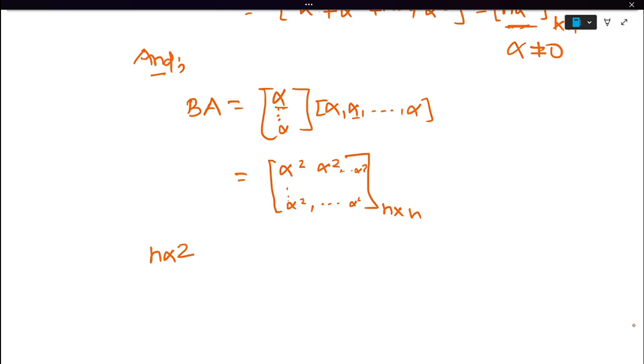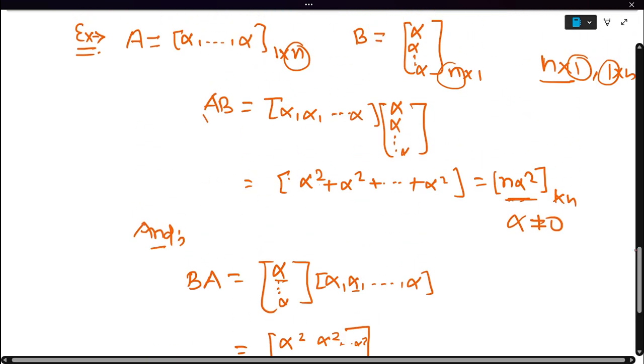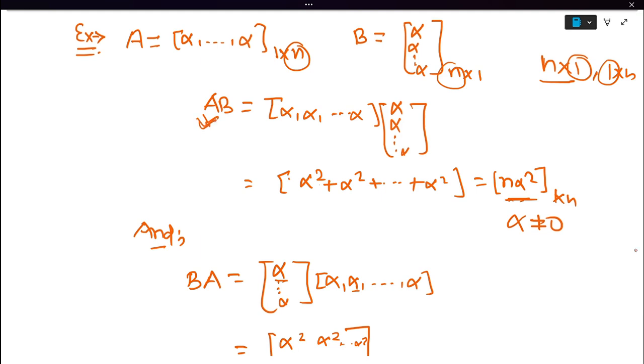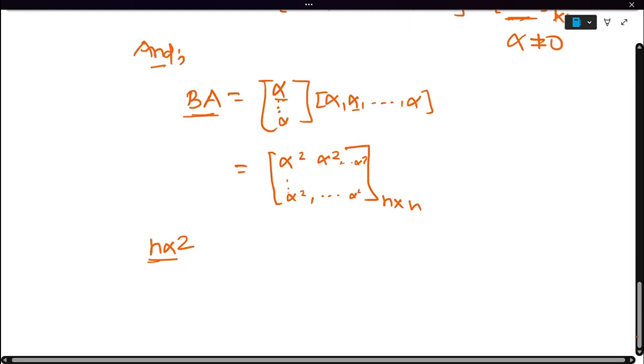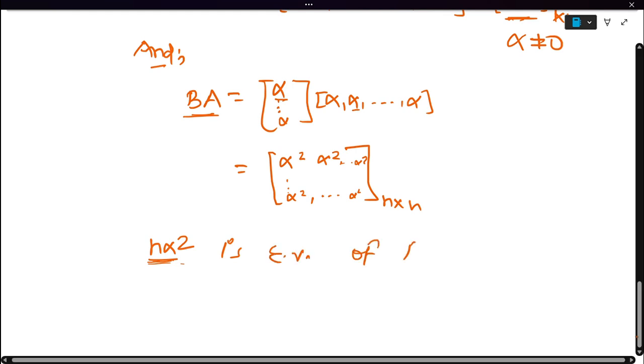By the previous theorem, the non-zero eigenvalues of AB and BA are the same. So n alpha square is a non-zero eigenvalue, and it is an eigenvalue of BA also.